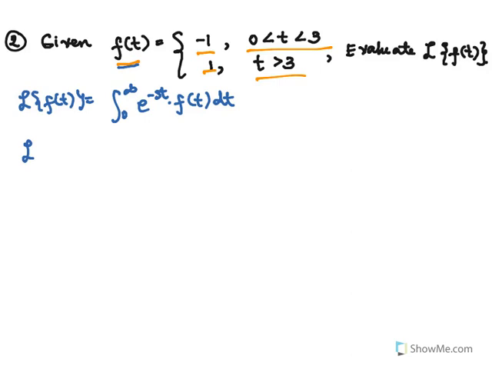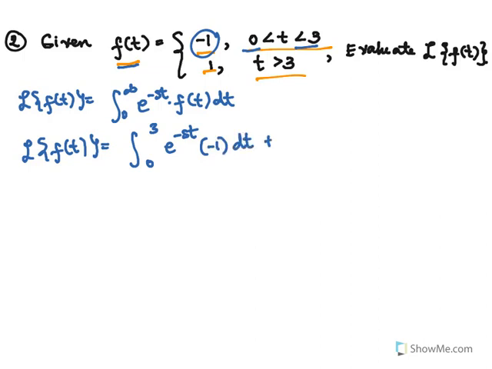So we write it as the Laplace transform of f of t equal to the integral from 0 to 3 of e to the negative st times negative 1 dt, and then plus, t greater than 3 represents limits from 3 to positive infinity of e to the negative st times our f of t, which is 1, so times 1 dt.